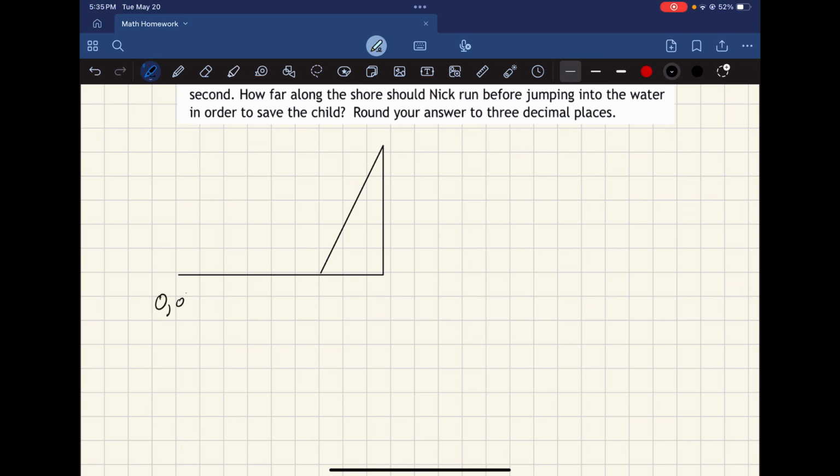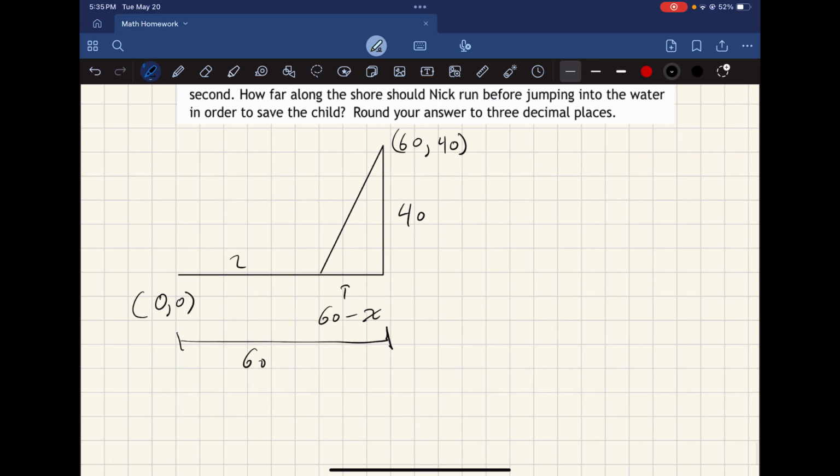We know this starts at (0, 0), and at the end, he'll be at (60, 40). We know this distance is 40 meters, and the distance between where he swims and how far he is going to be is 60 minus x, with this whole length being 60.